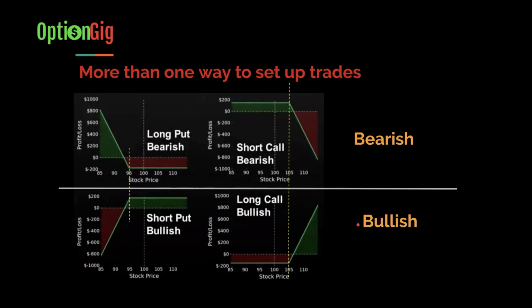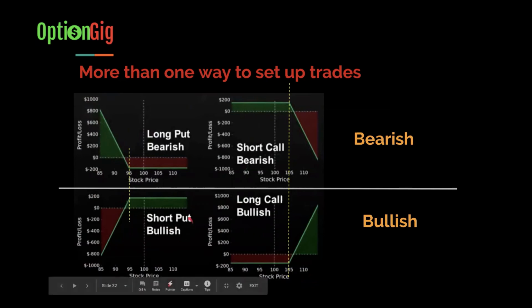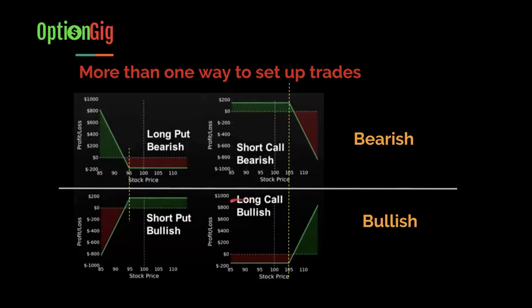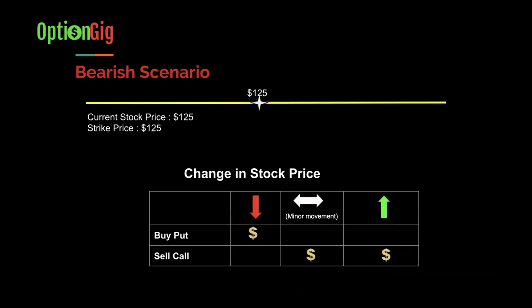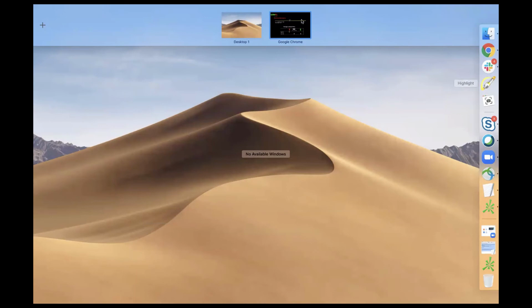Or if you're bullish, you can sell a put, meaning you short a put, or you can buy a call. Both are bullish. In stock, that's not the case. There's only one way. So let's look at a bearish scenario, and then we'll see what happens to an option seller versus an option buyer.